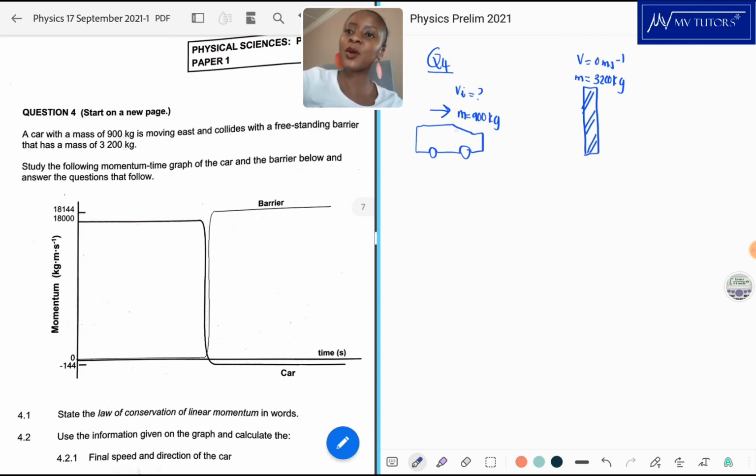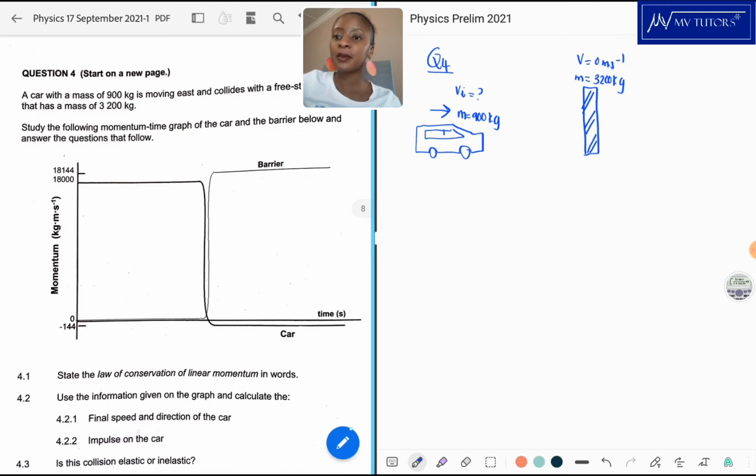So it goes and it collides with this freestanding barrier. So what happens? Is it going to collide with it and they become one, or is it going to collide and rebound? Let's see. So study the following momentum time graph of the car and the barrier below and answer the questions that follow.